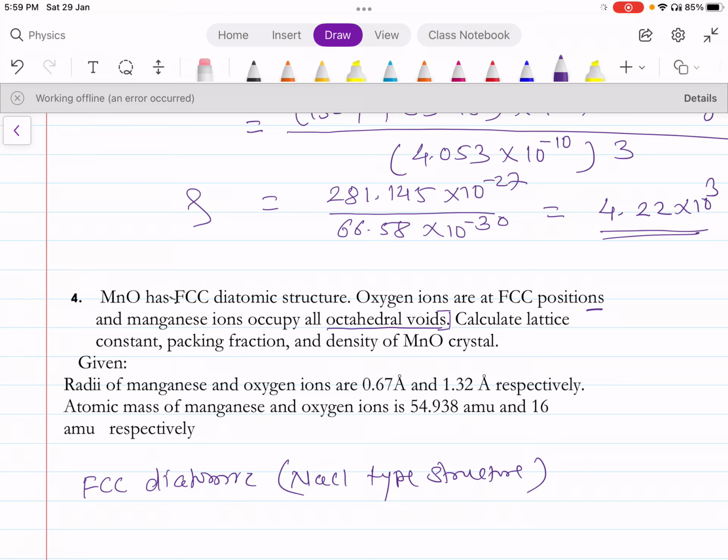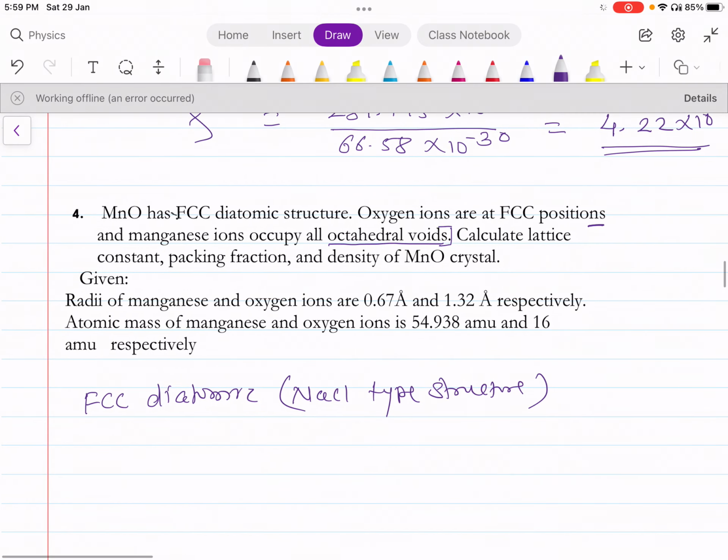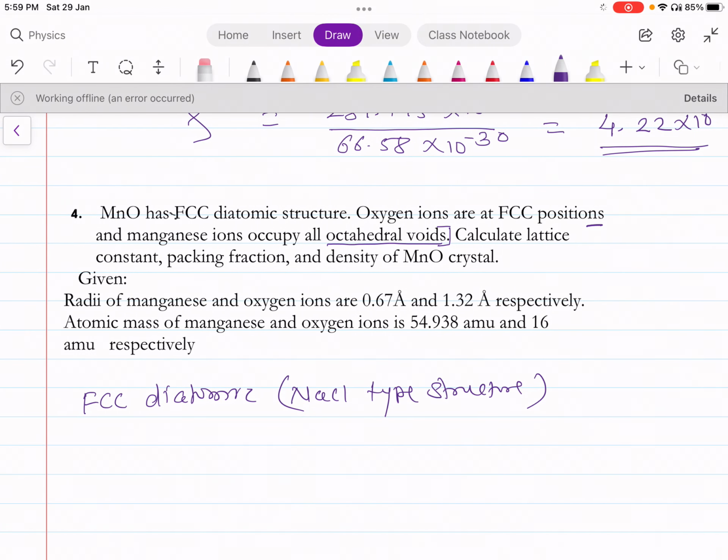And for FCC diatomic NaCl type structure, we know the formula to find lattice constant, packing fraction, and the density. So let's see what is given. The first is that it is an FCC diatomic NaCl type structure.